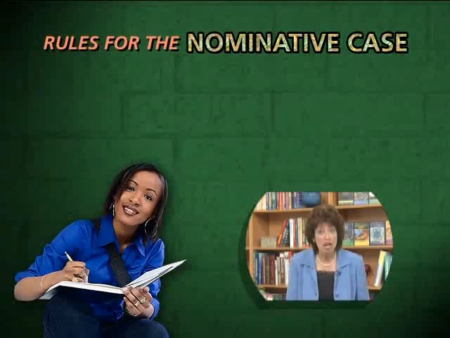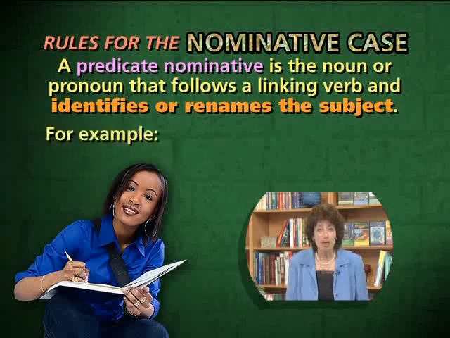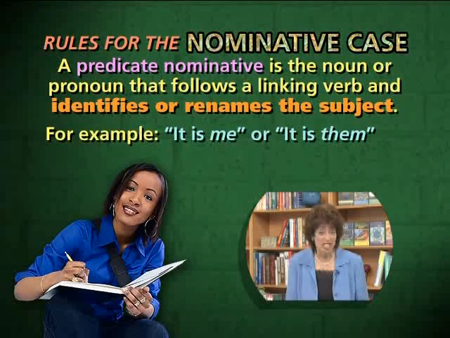You also use the nominative case with a predicate nominative. A predicate nominative is the noun or pronoun that follows a linking verb and identifies or renames the subject. It sounds complex, but it's really very, very easy. For example, we usually say, it is me, or it is them.